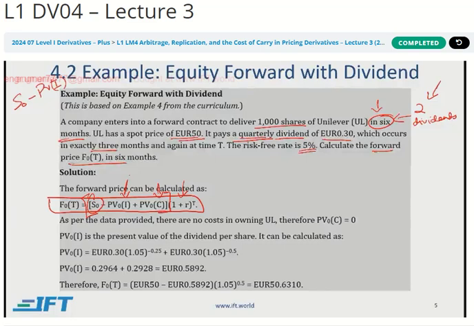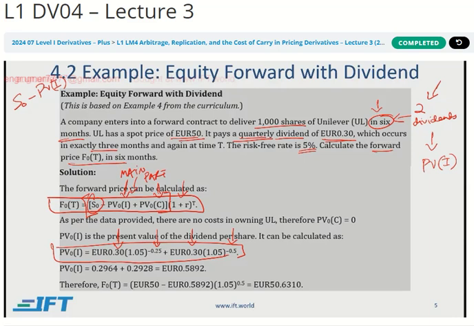Now, the main part in this question is calculation of the present value of the income, which is these two dividends. That is what is being done over here. We know the dividend is 30 cents, so they've taken this 30 cents, and the second dividend is also 30 cents, but they are bringing one back by 3 months and the other one by 6 months.